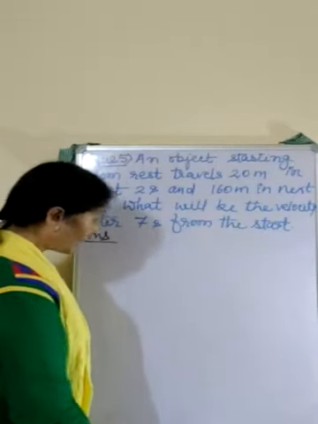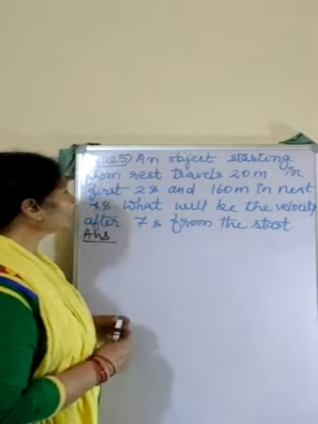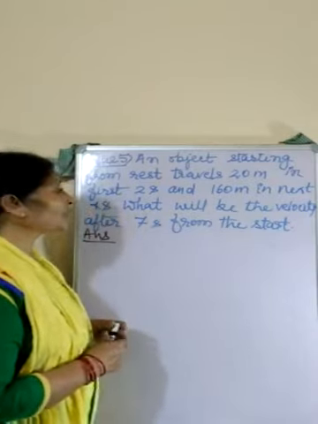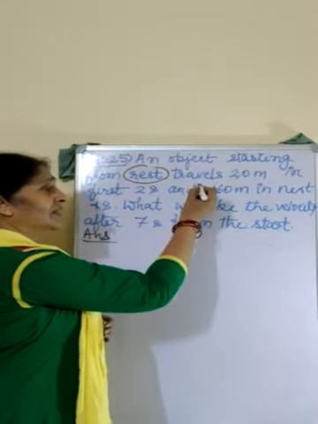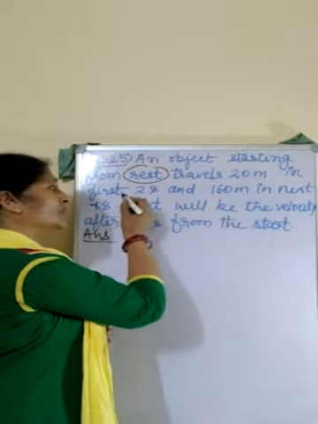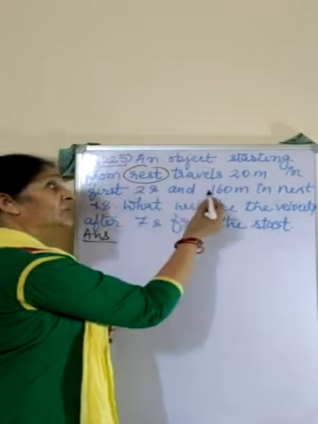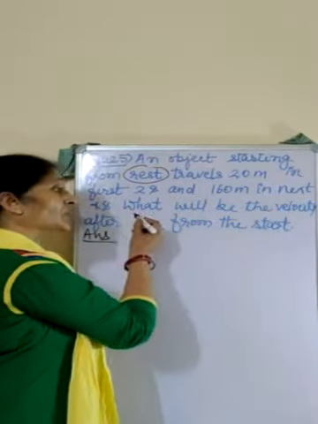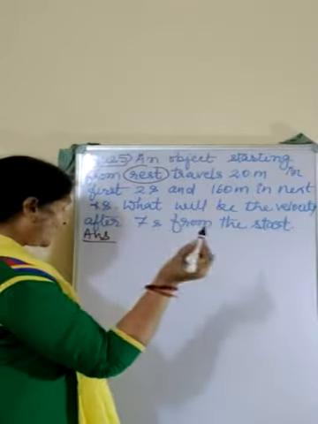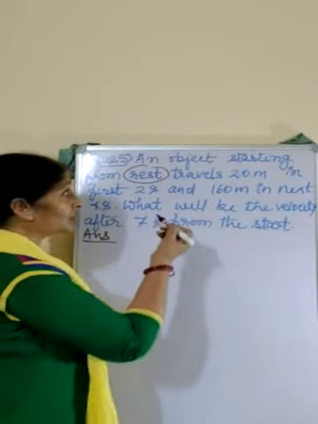Here the question is: an object starting from rest travels 20 meter in first 2 seconds and 160 meter in next 4 seconds. What will be the velocity after 7 seconds from the start? Let us look how the journey of the object is going on.